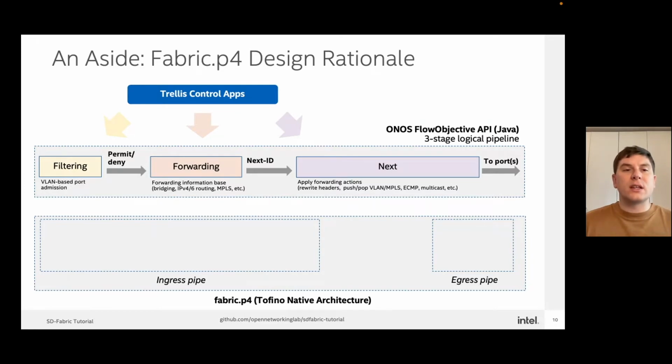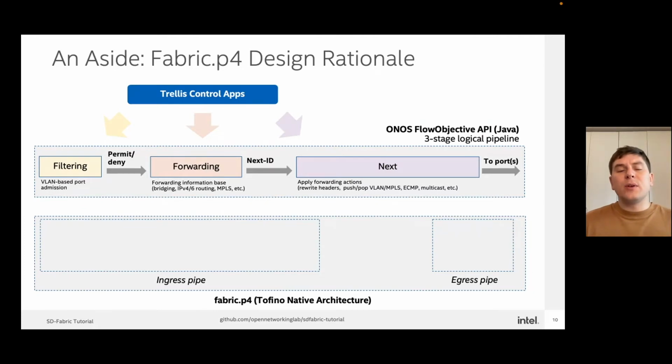A forwarding objective is used to essentially populate the forwarding information base. So forwarding objectives are those used to represent things like bridging entries, routing entries, MPLS, etc. Finally, next objectives are used to specify the actual forwarding action. So whether we need to rewrite headers, push or pop headers like VLAN, MPLS, how to do ECMP, etc.